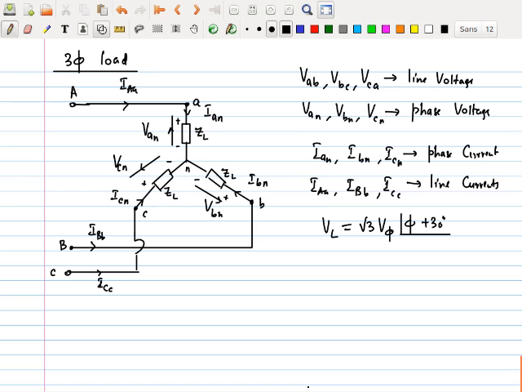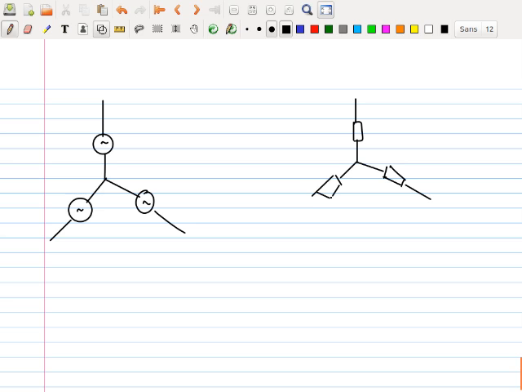So now if I take the full thing together, this is how it's going to look. If I put the full thing together, I have a source, and over here I will have a load.